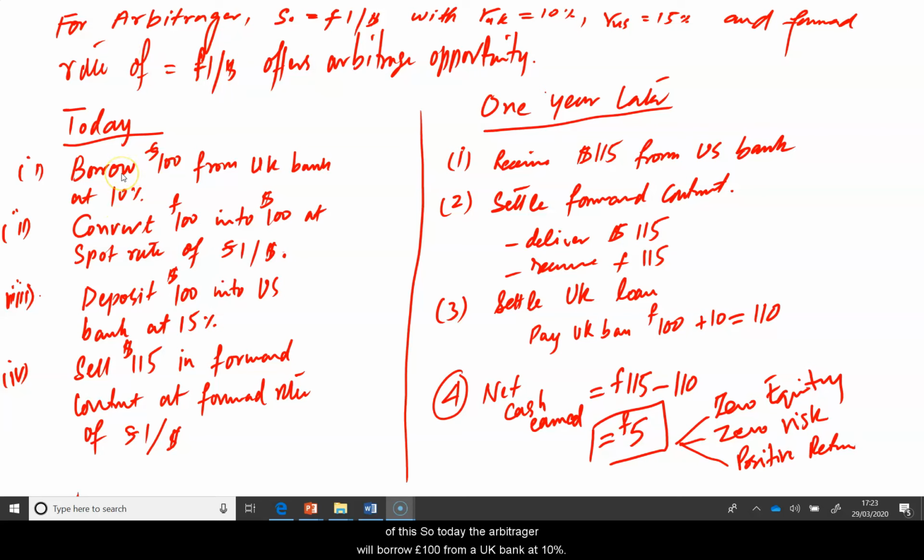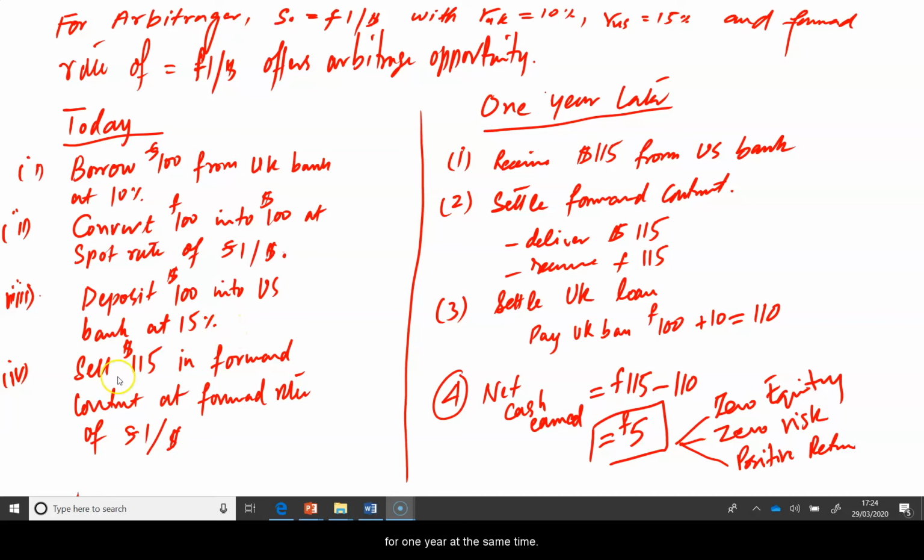So today the arbitrager will borrow £100 from a UK bank at 10%, convert the £100 into 100 US dollars at the spot rate of £1 equal to $1, and then deposit the $100 into a US bank to earn 15% for 1 year.